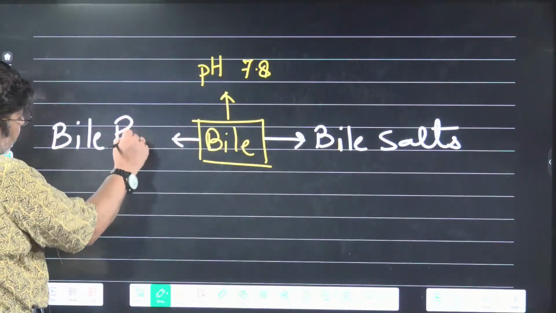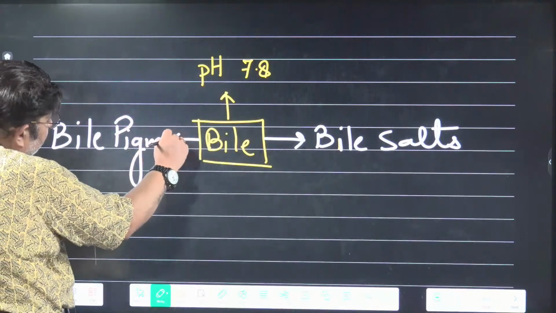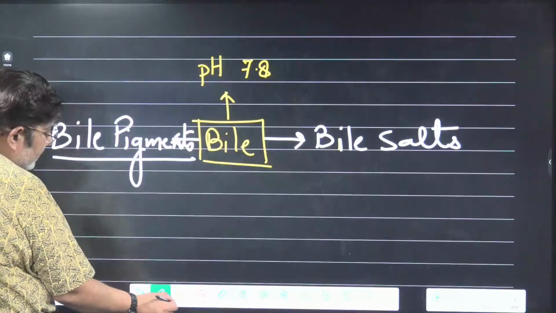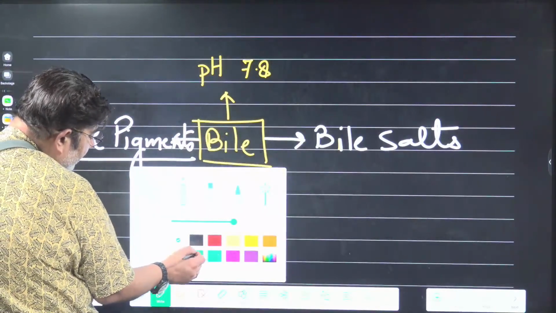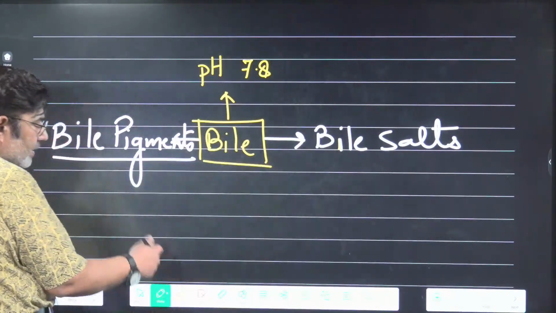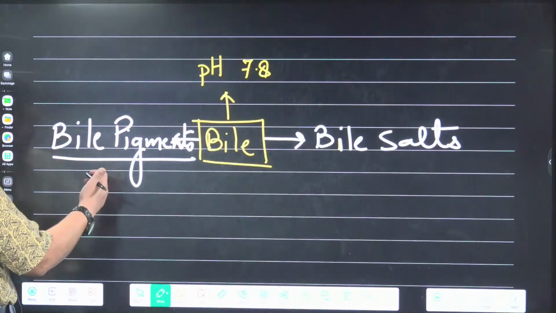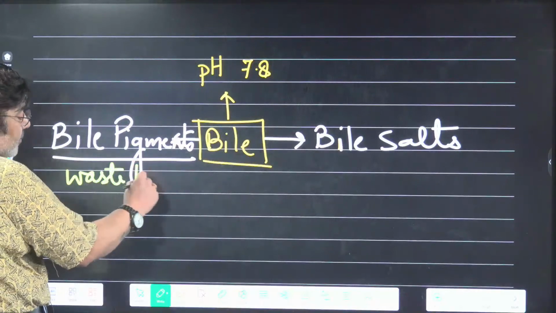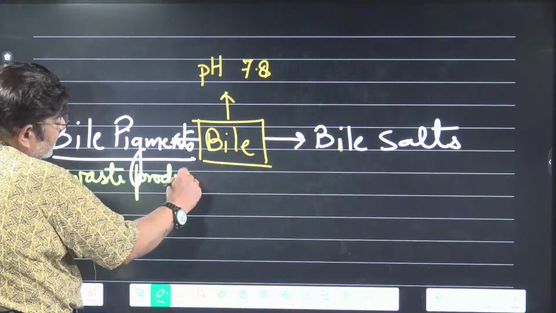Now, pigment is anything which is colored. These colored substances are formed from the metabolism of hemoglobin. Bile pigments are waste products, they are excretory products.